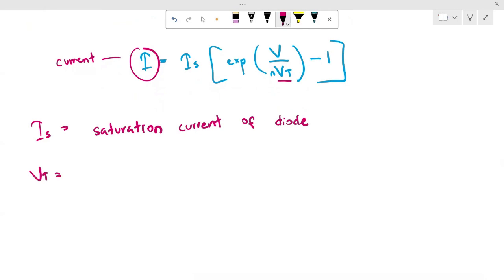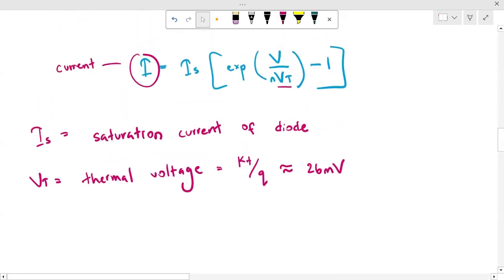Vt is the thermal voltage, which is also known as kT over q, which is approximately 26 millivolts.